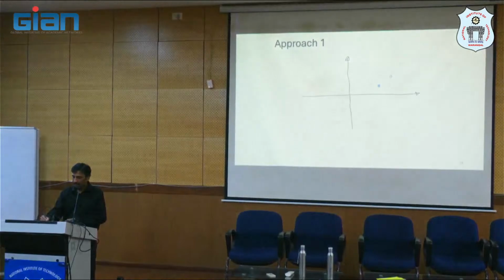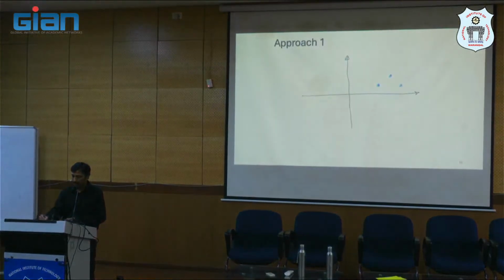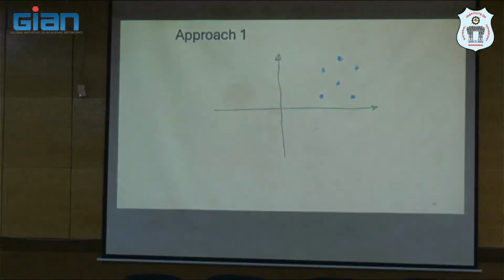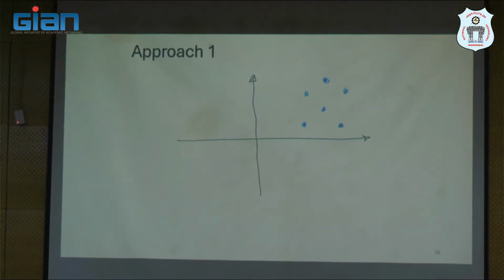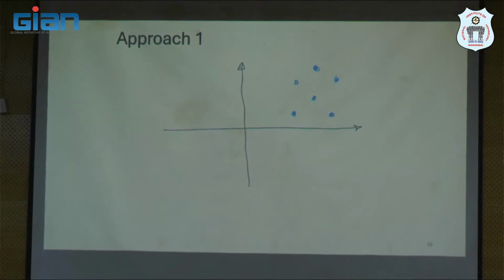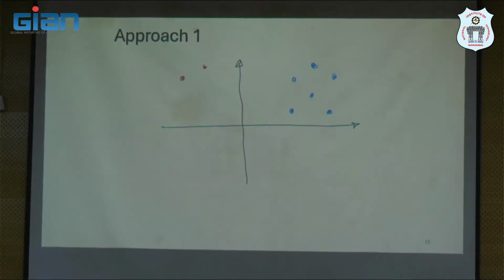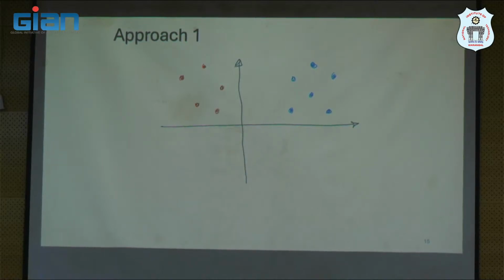All the healthy labels, data points or features, are indicated in blue. All the faulty data points are indicated in red. 1, 2, 3, 4, 5, 6. Okay, 6.